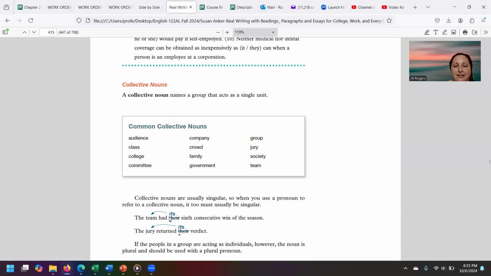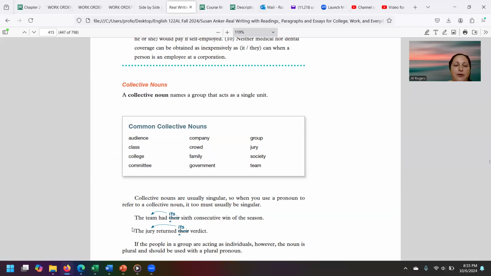But for its, that's actually the possessive. And the contraction of it is IT apostrophe S. So that's something people make a mistake on because they'll put an apostrophe here. That's actually incorrect. So the possessive form of the pronoun its is its, no apostrophe.